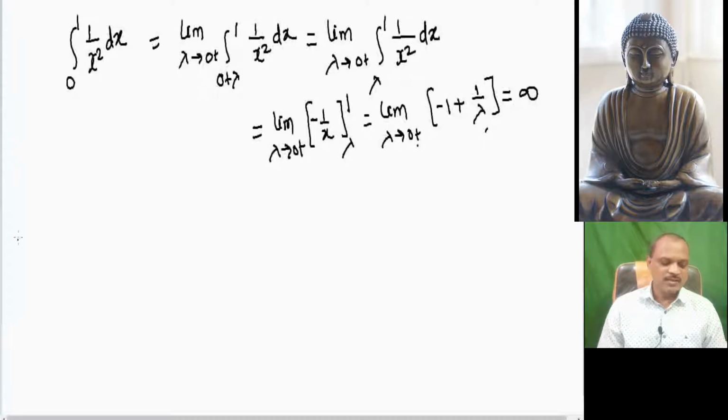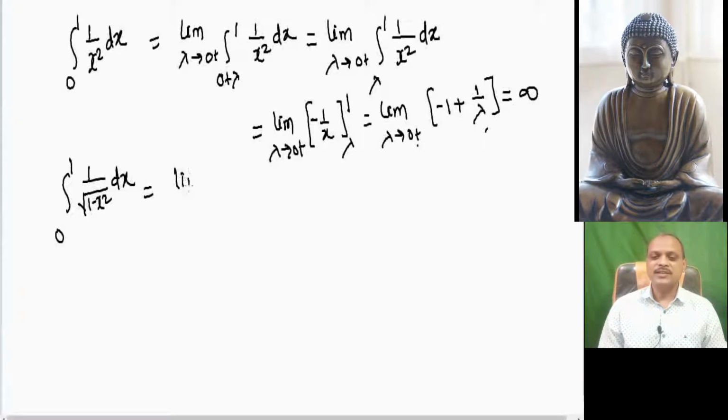Let us integrate one more example, 1 divided by under root of 1 minus x square, dx between the limit 0 to 1. Here the right hand side, that is x equal to 1, is a point of infinite discontinuity.